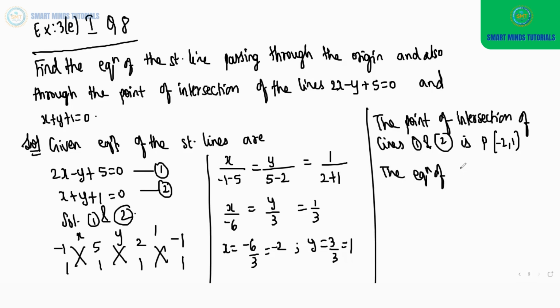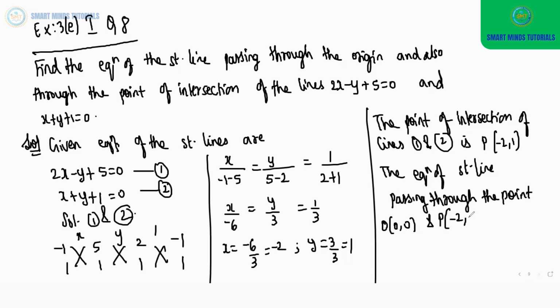So the equation of straight line passing through the point O 0 comma 0 and P minus 2 comma 1 is, we use the two point form, y minus y1 into x2 minus x1 is equal to x minus x1 into y2 minus y1.